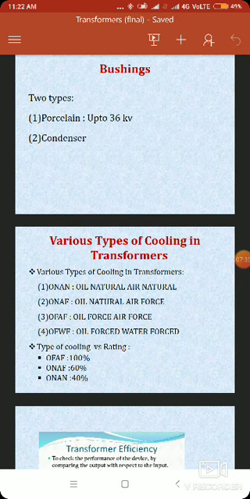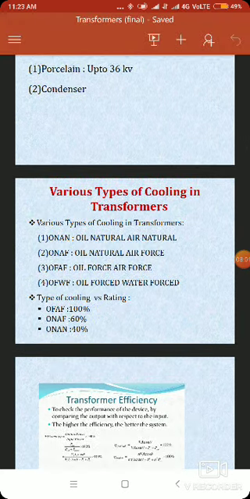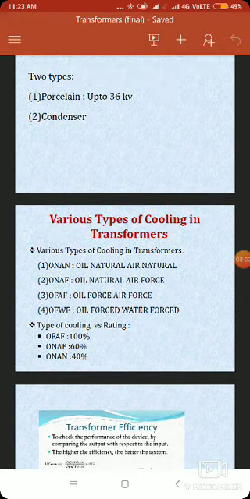Then second is ONAF, that is oil natural air forced. This is for slightly larger size transformers, where we normally have fans mounted on the radiators. Here the oil is circulating, but the temperature of the oil is controlled by the fans mounted on the radiators. Now OFAF, that is oil forced and air forced.